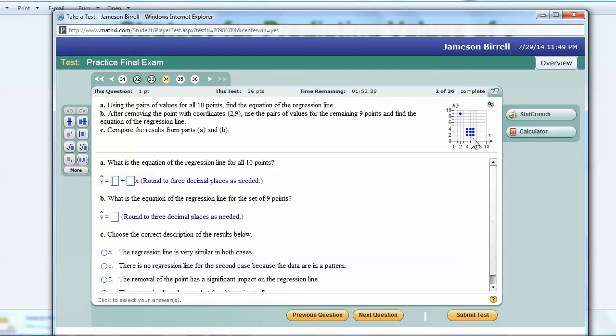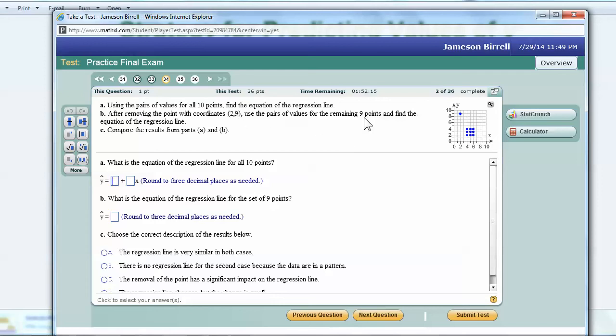This is the only one that's actually keeping some sort of a linear pattern from this point to this bunch of points that says that you could draw a line. If you remove that outlier, you really have no linear pattern, no quadratic pattern, no quartic pattern. You don't have a fit.